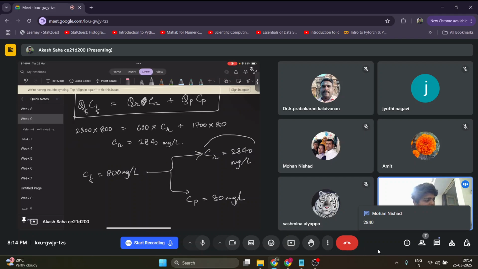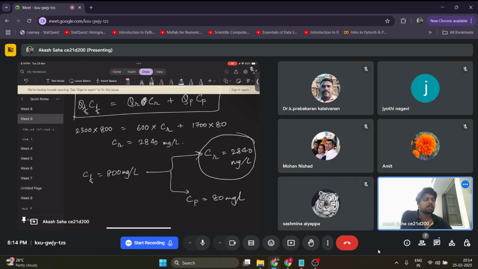So whenever we have a reject or retentate, it is highly concentrated. That's why, whenever we are operating an RO, the water we get as reject is very highly concentrated. The concentration is much higher than the feed or the permeate because the discharge is very low.